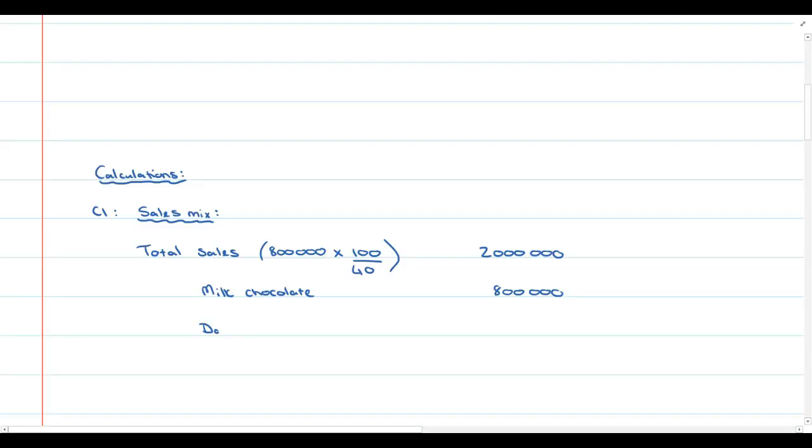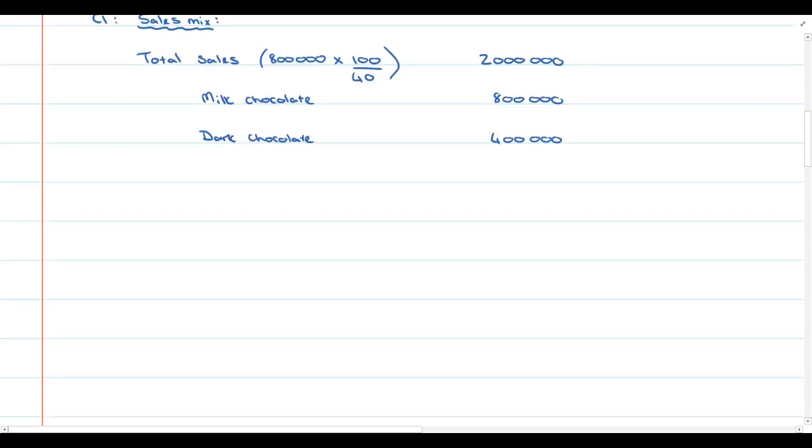Dark chocolate is 400,000 units. And you are using sales units, guys, not production units. Don't make that mistake. White chocolate is 10% of total sales. So total sales are 2 million units. So 10% of that is 200,000 units. And we know that they also sell top deck chocolate.